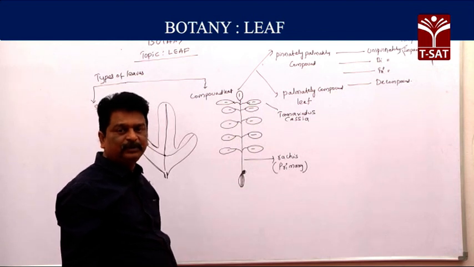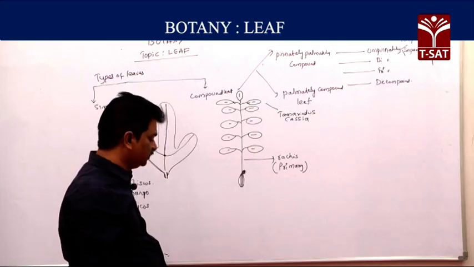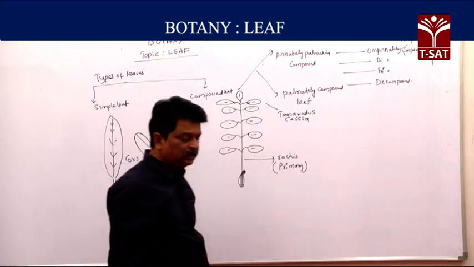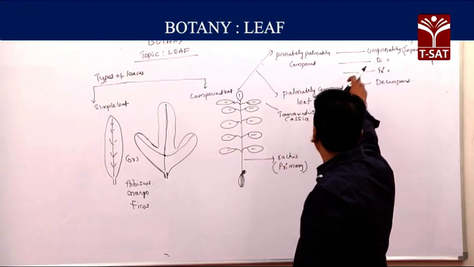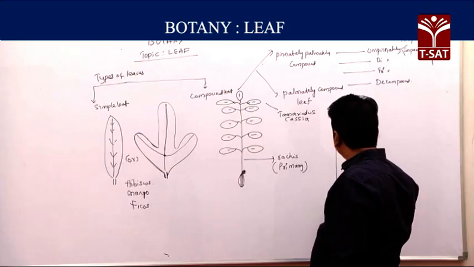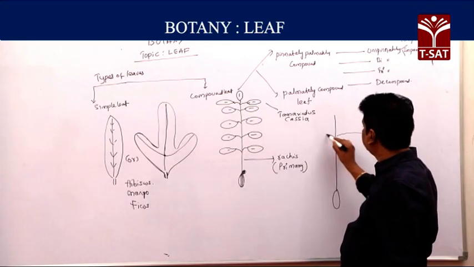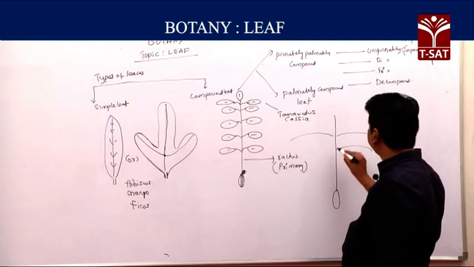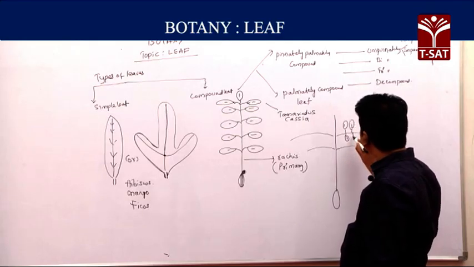Example for imparipinnate, neem, and a scientific name for neem is Azadirachta indica. And second one, bipinnately compound. In bipinnately compound, the primary rachis gives secondary rachis, and if leaflets are present on the secondary rachis, that is called bipinnately compound.